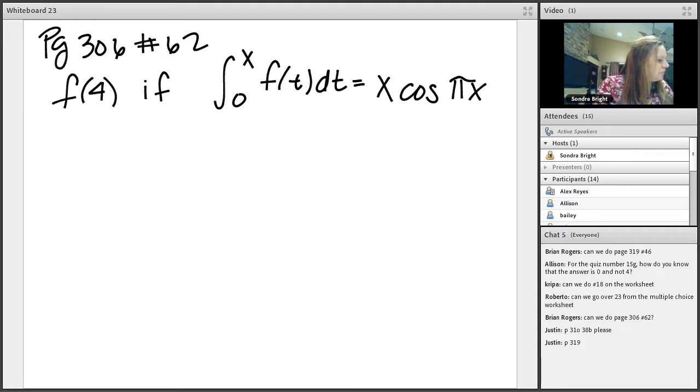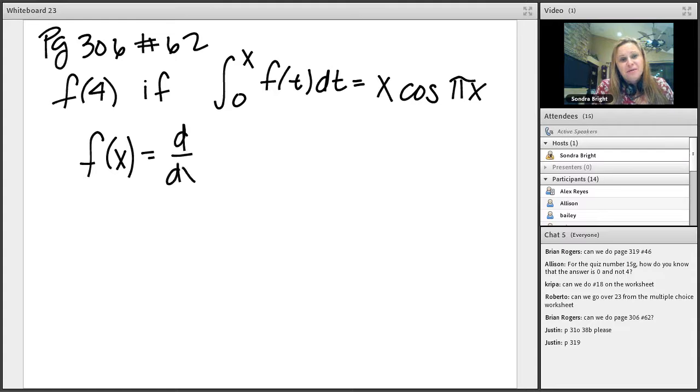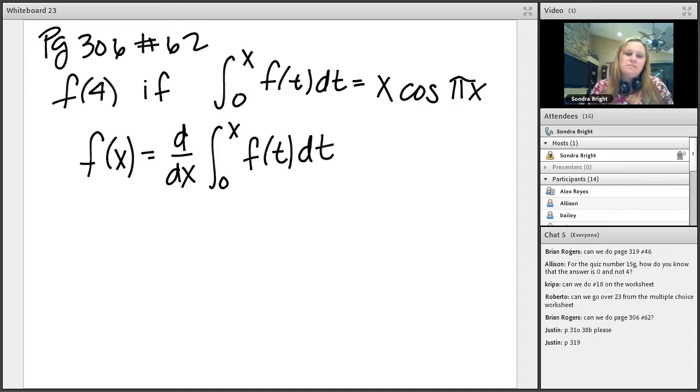Find f of 4. Well, I know f of x would be the derivative of this guy. That's just by definition, by the fundamental theorem of calculus. F of x would be that.